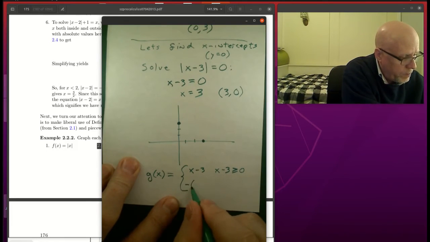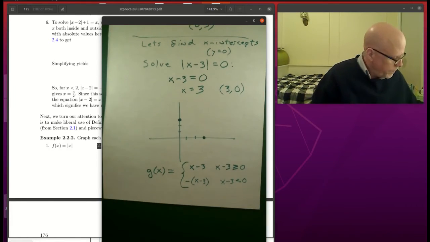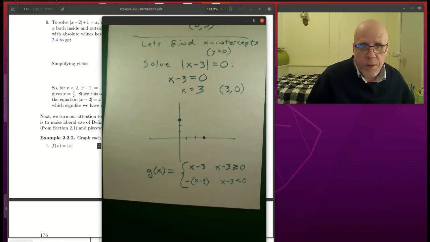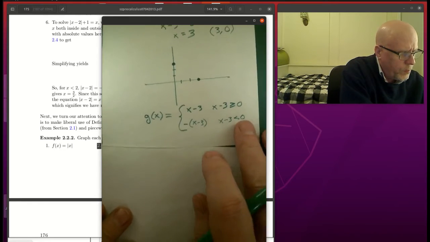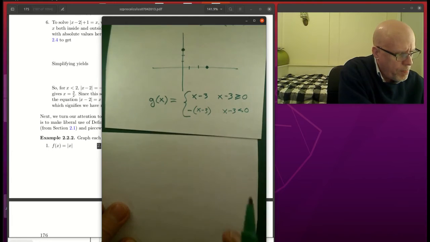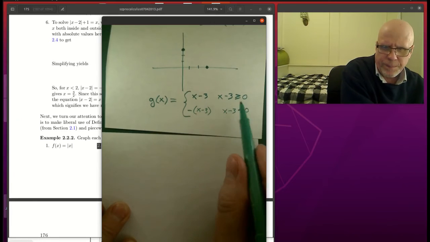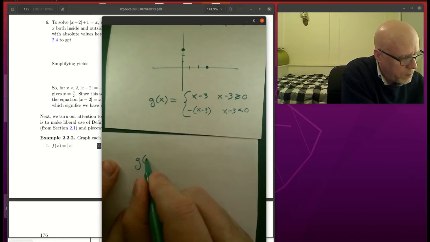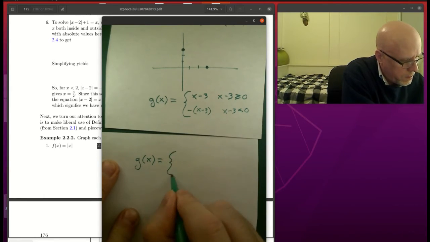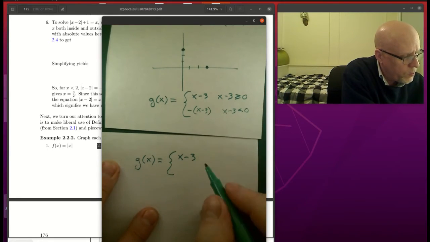And it's equal to the negative of x minus 3 whenever x minus 3 is negative. That's what that definition of absolute value says, just replacing the x's with x minus 3's. All right, so where do I go from there? Well, to say x minus 3 is greater than or equal to 0 is just the same thing as, if I add 3 to both sides of that inequality, x is greater than or equal to 3. So we have that g of x is x minus 3 provided that x is greater than or equal to 3.